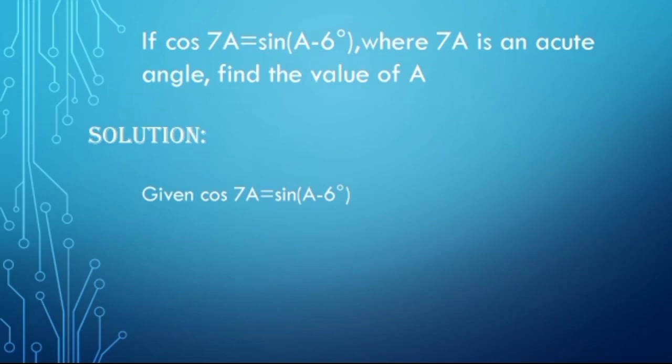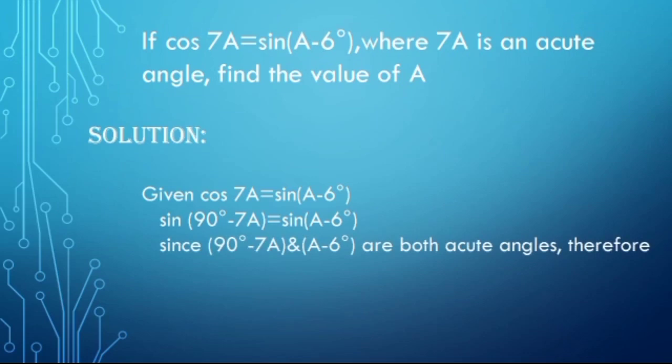But from trigonometric ratios of complementary angles, sin(90 degrees minus 7a) is equal to sin(a minus 6 degrees). Since 90 degrees minus 7a and a minus 6 degrees are both acute angles, therefore 90 degrees minus 7a is equal to a minus 6 degrees.